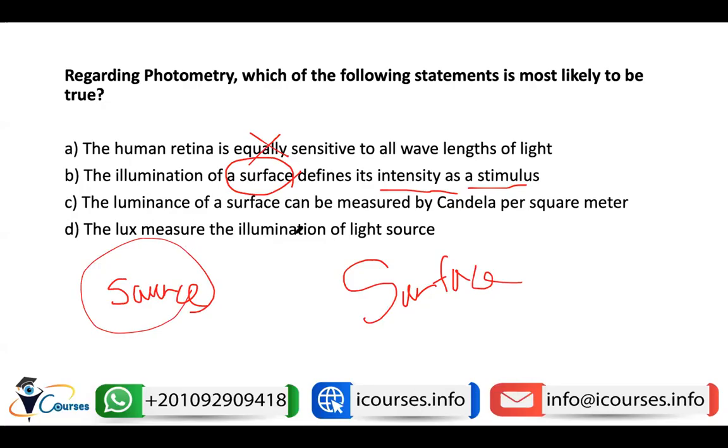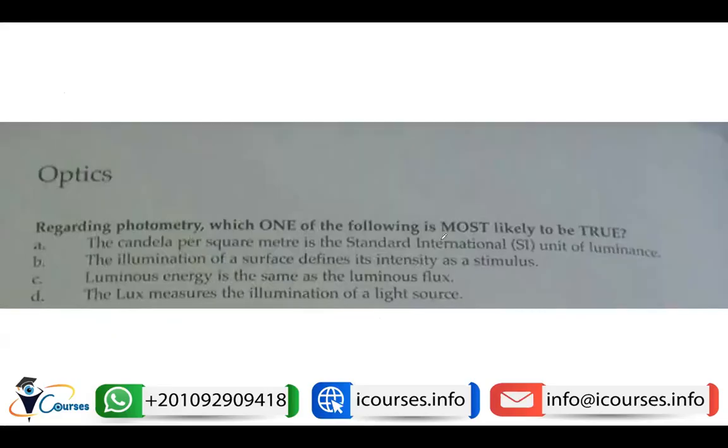Luminance and illuminance measure the illumination coming from a surface. And the luminance of a surface is measured by candela per square meter. This is the correct answer. While lux is the measurement of illumination from a light source, this is not true, as we will see here.